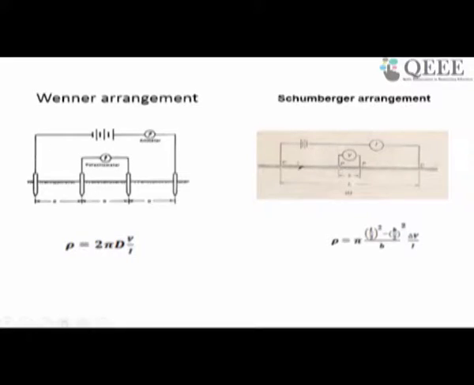In this figure, for the current electrodes you have a length L, and for the potential electrodes you have distance B. The resistivity can be calculated using this equation, where rho is equal to pi times (L by 2 squared minus B by 2 squared) divided by B, times delta V by I, that is the voltage difference and the current which you have applied. So with these two arrangements, we can characterize the ground with 4 electrodes.